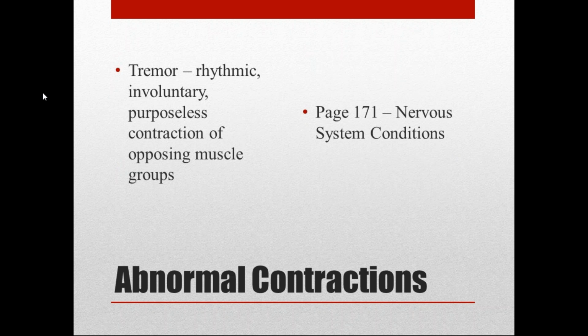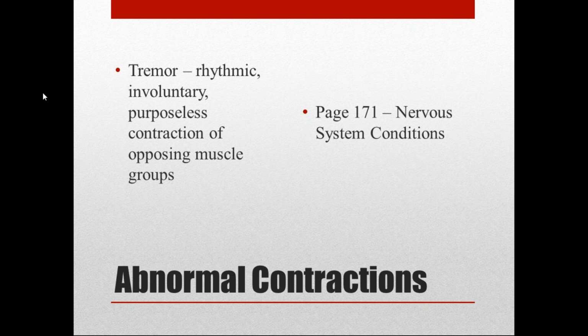Another abnormal contraction that occurs, and we can take a look at them on page 171 in your text, it's actually in nervous system conditions, is the tremor. So most people, when they think of tremor, they think of Parkinson's disease. There are several different types of tremors, though. And a tremor is basically when your agonist and antagonist are no longer coordinated.